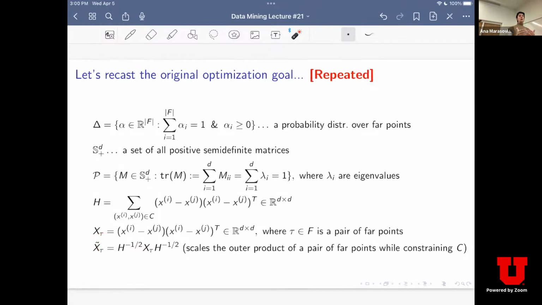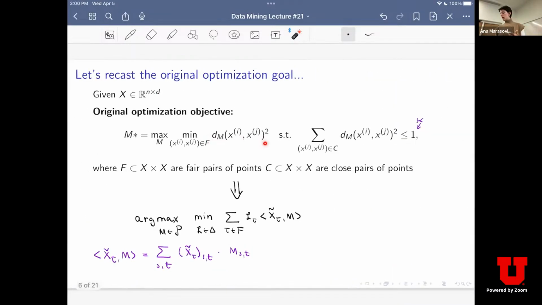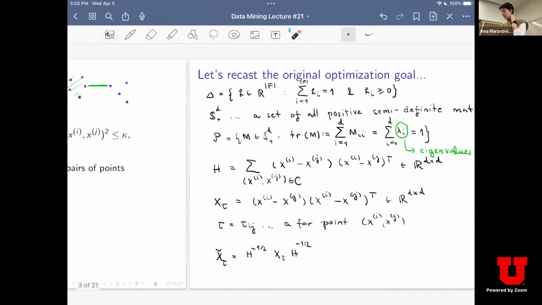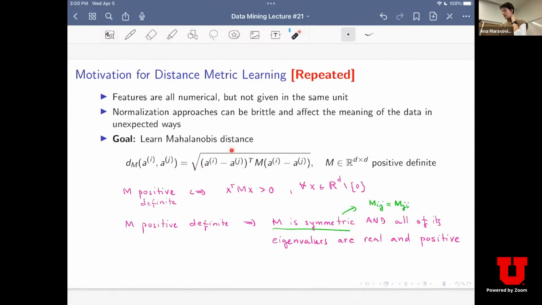So in a way, we are doing the same thing, right? We are trying to maximize the minimum distance between far points, and that distance is captured by the tilde x. And remember that Mahalanobis distance is defined like this. So you have all the ingredients of your distance matrix.